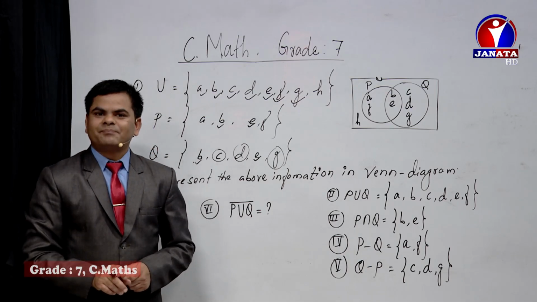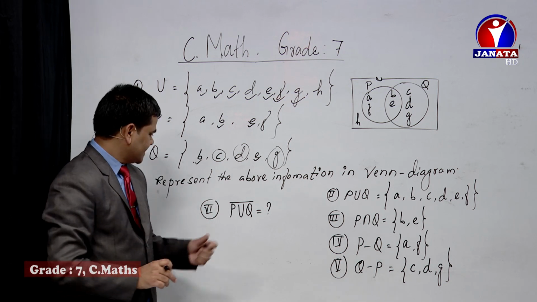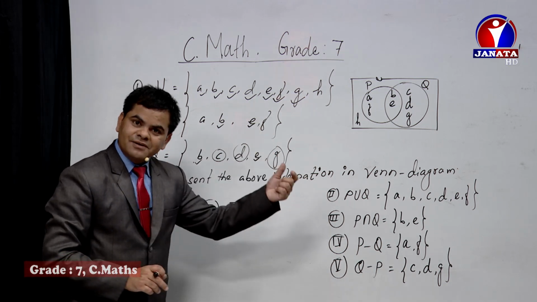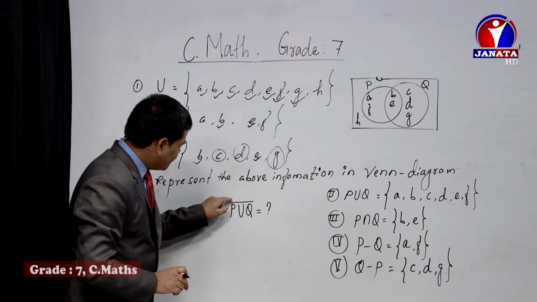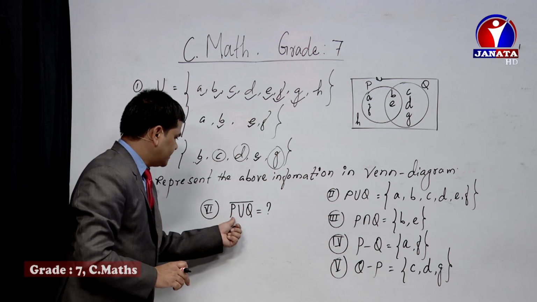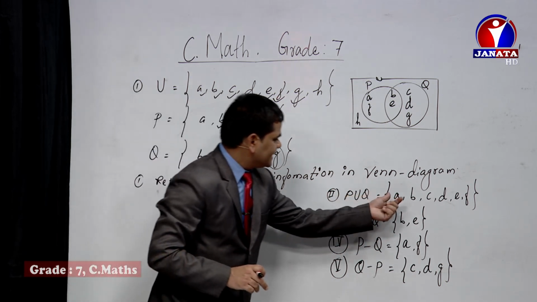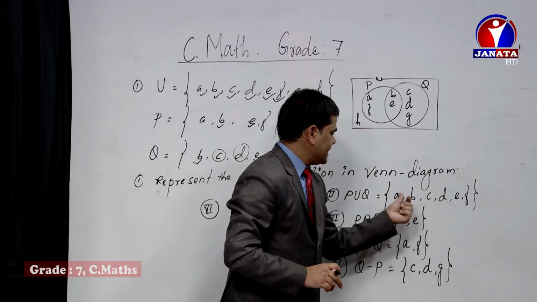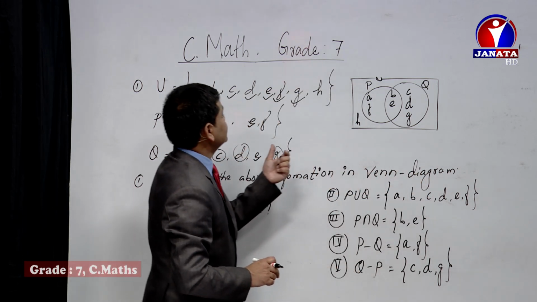Of course, P union Q represents the information inside both circles without repeating. Then the bar represents, dear friends, except the information of P union Q. That means except A, B, C, D, E, F.